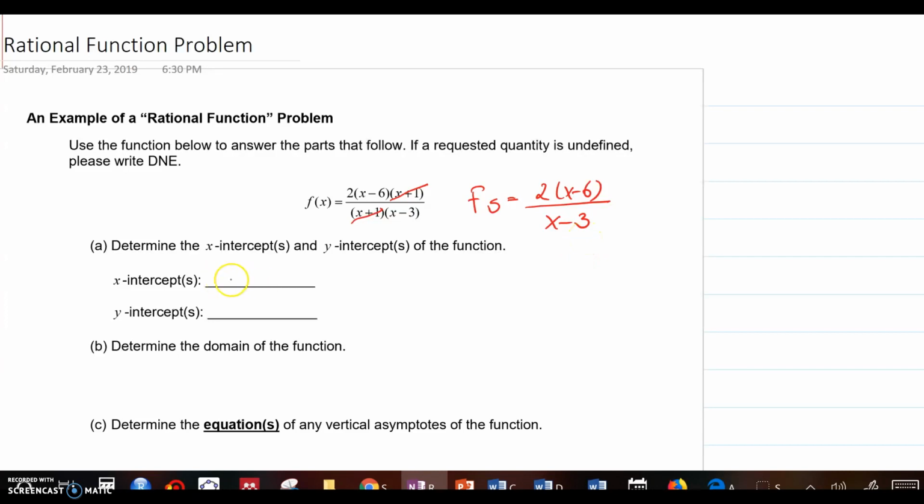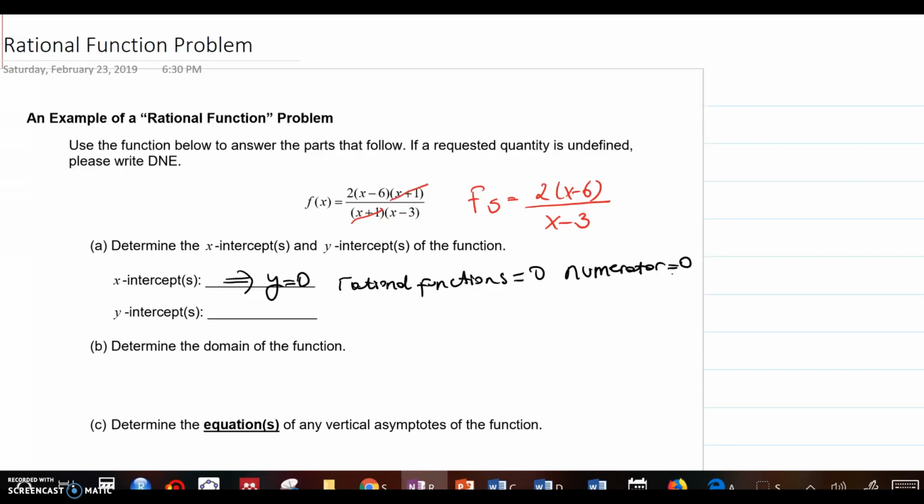So x-intercepts mean y equals 0. However, rational functions will be equal to 0 when the numerator equals 0. Because we do not want the denominator equal to 0, in that case the rational function would be undefined.